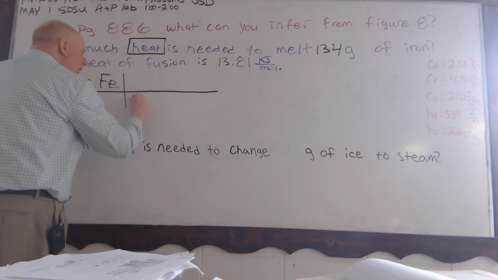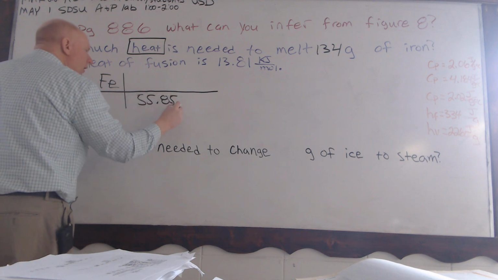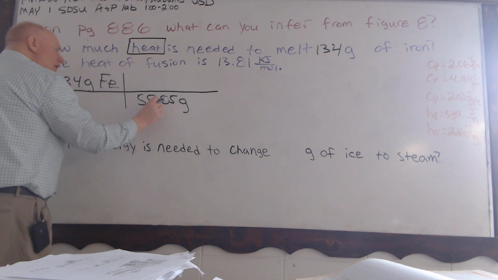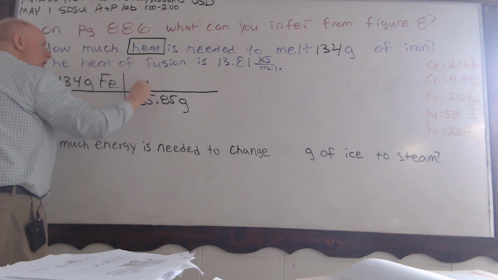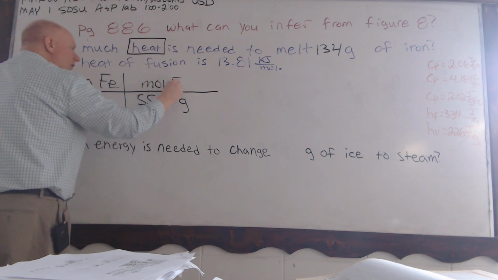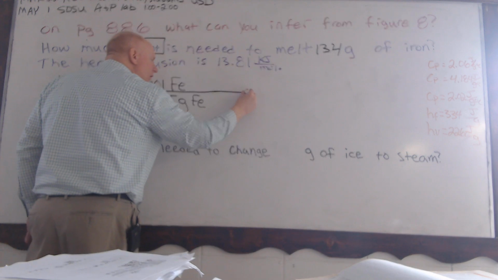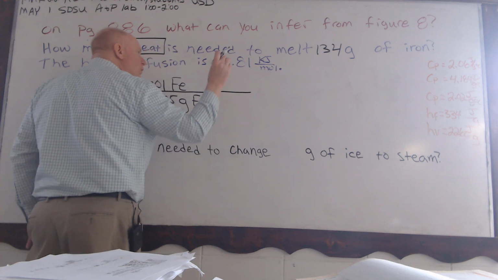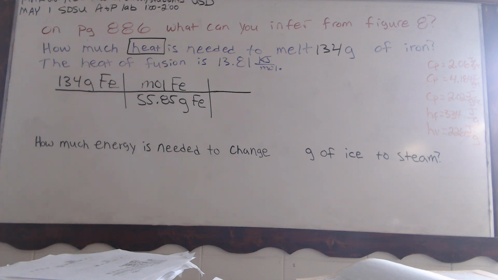The atomic mass for iron is 55.85 grams. Every time you hit 55.85, you have what? You have a mole of iron. Okay, well, we're getting closer because which one of these variables have we crossed out? We've gotten rid of our moles.